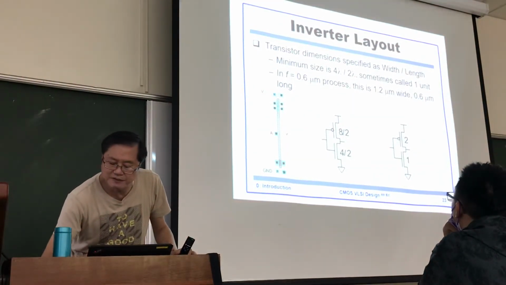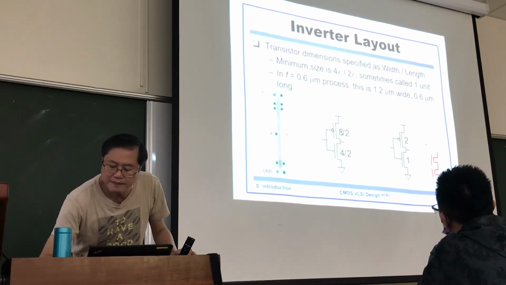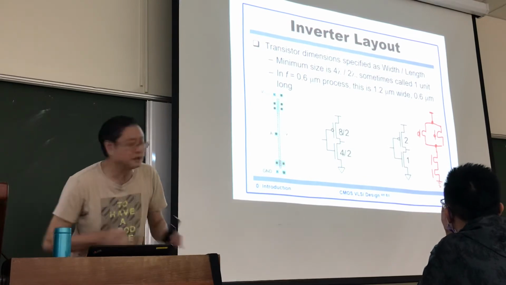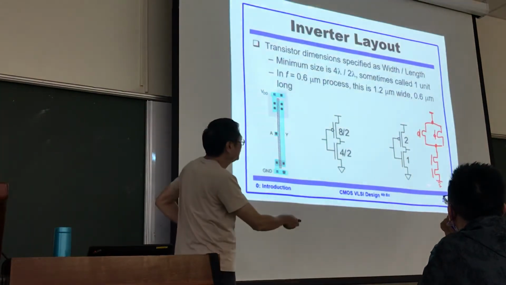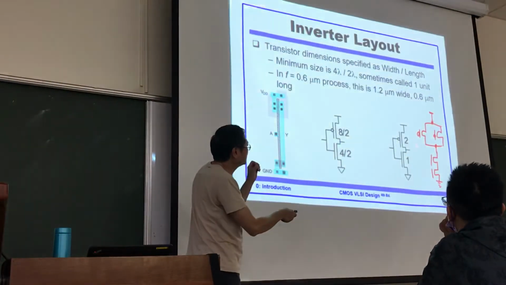How about this? Two input NAND gate. The two input NAND gate. The VDD, the ground. A input connected to this PMOS and this PMOS.